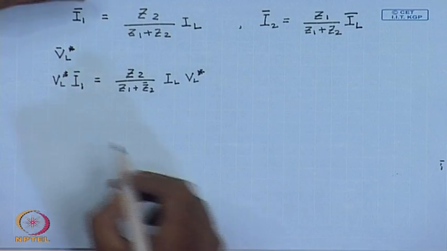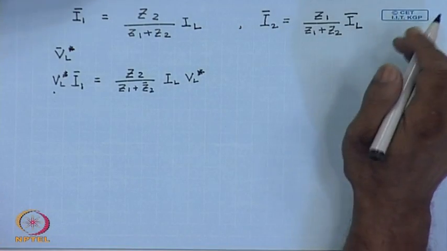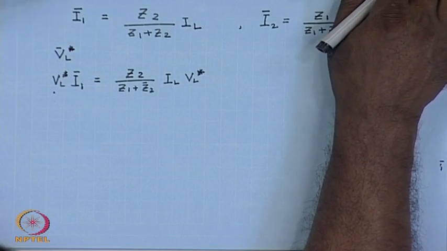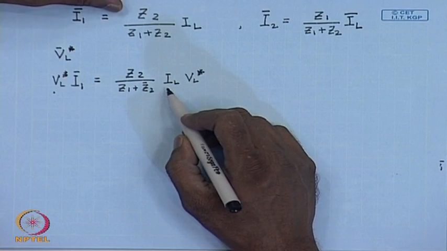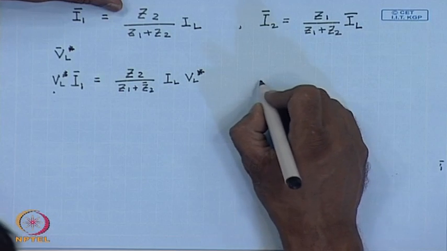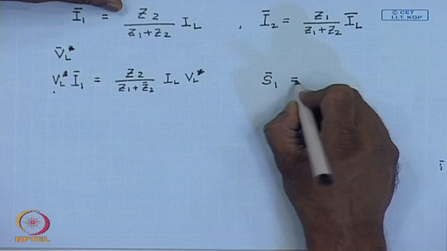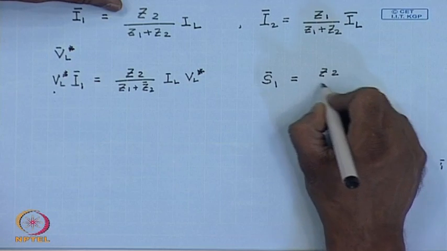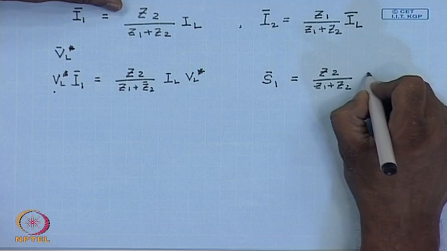Now, VL star I1 is the complex KVA supplied by transformer 1, while VL star IL is the complex KVA demanded by the load. Therefore, we can write S1 equal to Z2 divided by Z1 plus Z2 into SL.